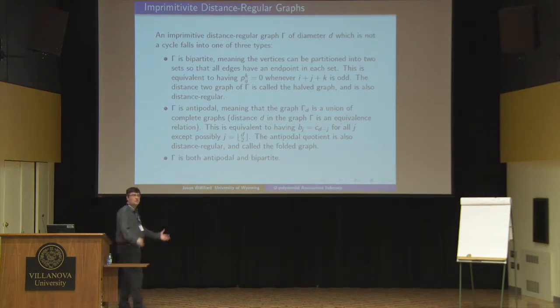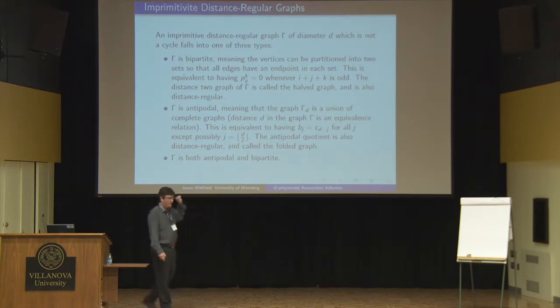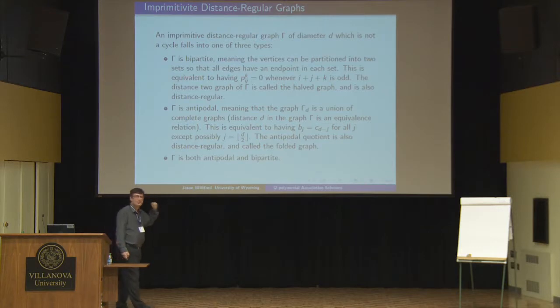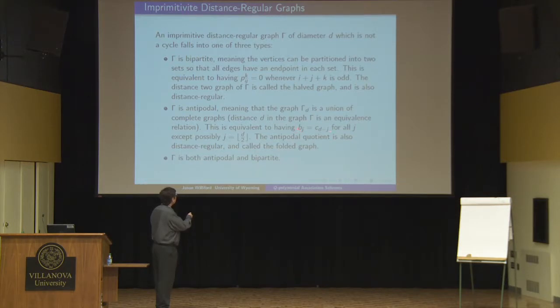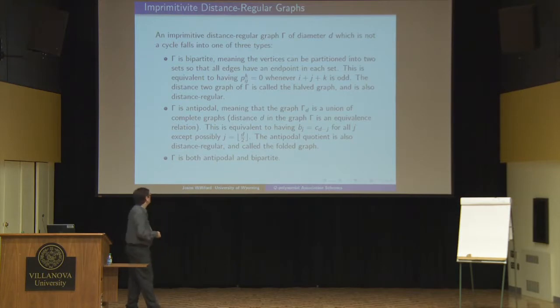Like, for example, the n-cubes are both. For something that's just antipodal, you could look at the line graph of the Petersen graph, which is an antipodal distance regular graph. And we can put the conditions on these in terms of these b_i's or the p_ij^k's. We can write all of these conditions in terms of those parameters.